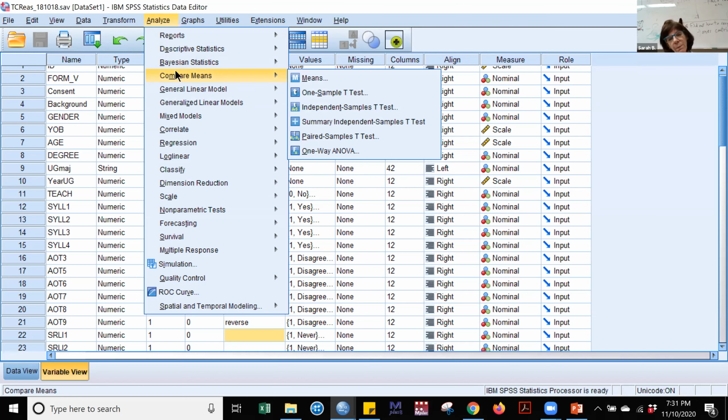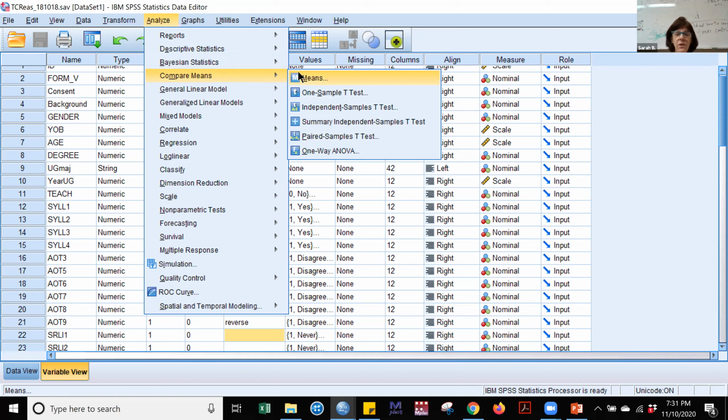So if you look under Compare Means on the Analyze menu, you'll see a bunch of sub-menus, pretty much all of which you're going to do this semester. You're not going to use all the menus, but you're going to do all these tests. And you've already done the z-test, which isn't even on here.